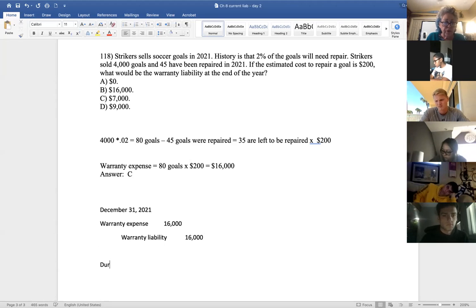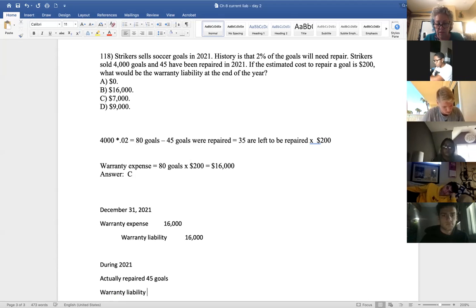Then during 2021, when they actually repaired 45 goals, the journal entry they would have done would have been to debit warranty liability for, what is 45 times 200? 9,000.